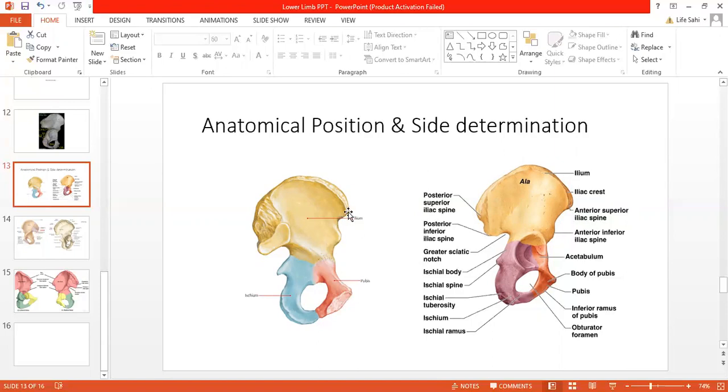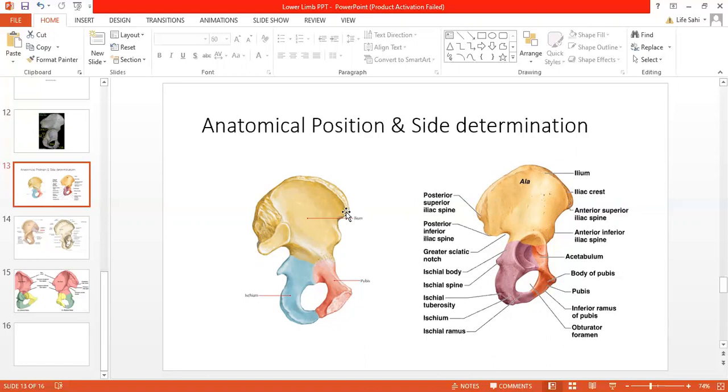This anterior superior iliac spine and this body of the pubis, which articulates with the body of the pubis of the opposite side to form the pubic symphysis. This one is the symphysial surface of the body of the pubis, which is going to articulate or join with the symphysial surface of the body of the pubis of the opposite hip bone to form the pubic symphysis.